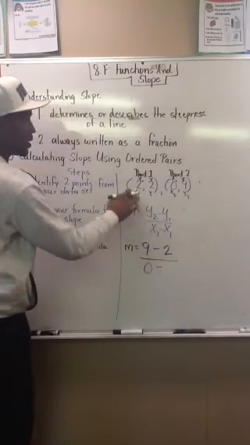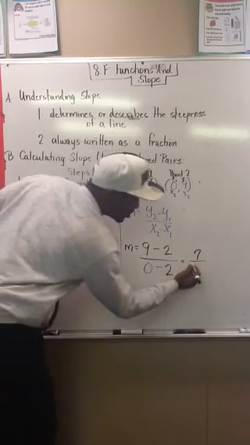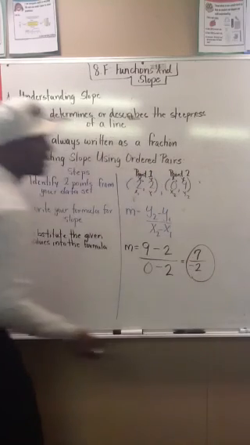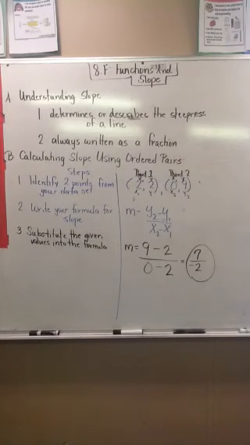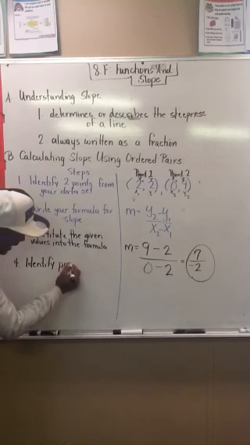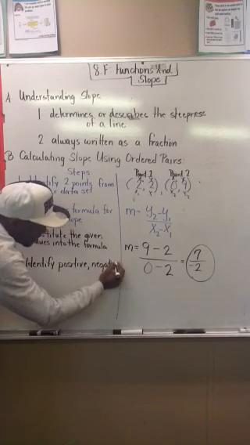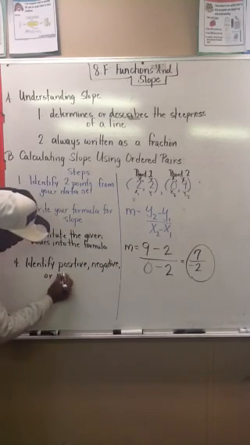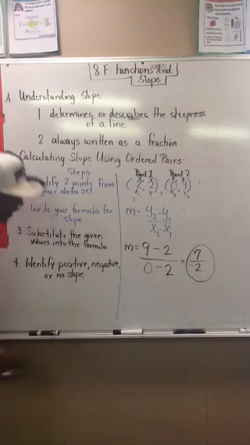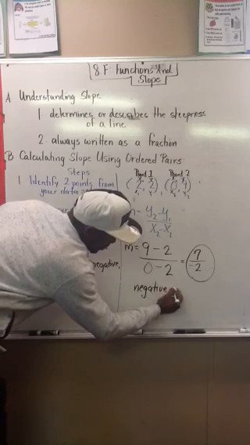What number is x1? 2. So 9 minus 2 is 7. 0 minus 2 is negative 2. So my slope is negative 7 over 2. Since I see a negative fraction, I can tell whether my slope is positive, negative, or no slope. Since there's a negative present, it's a negative slope.